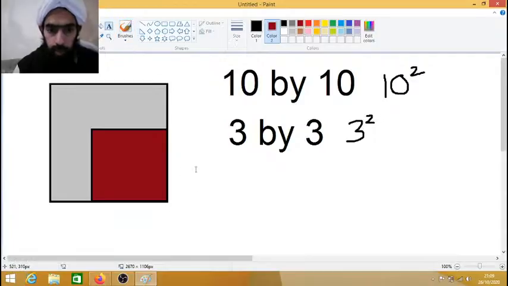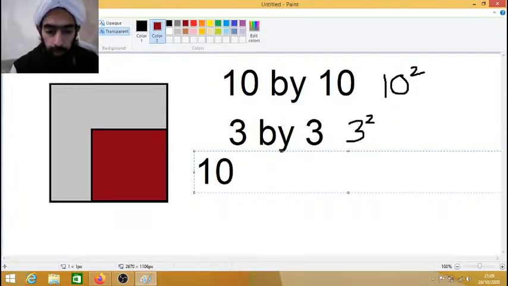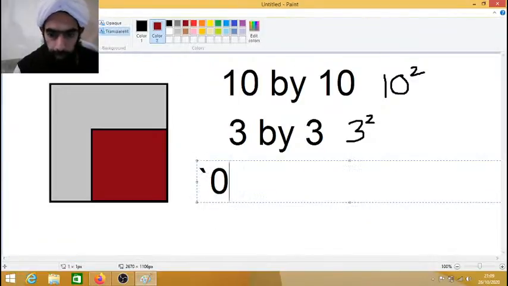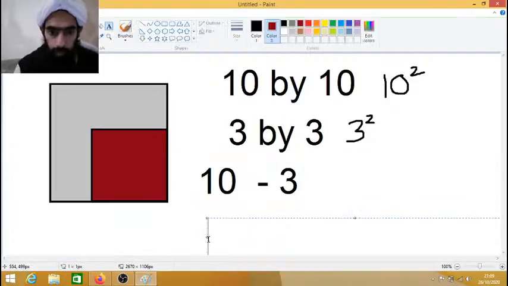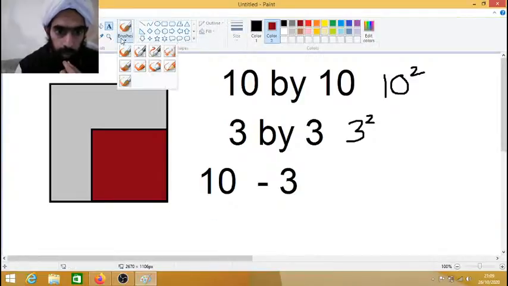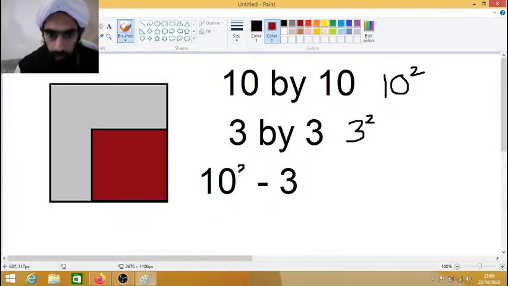So really what I'm asking is, if I took a square which was 10 squared and I subtracted a smaller square which was 3 squared, then what would be the area of the part that I've got left? Okay, have a think about that for a minute. Hopefully it's very, very easy, but just have a think.